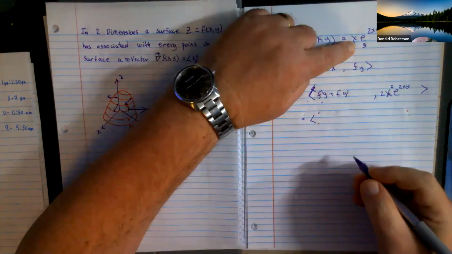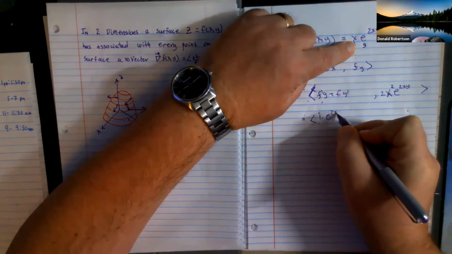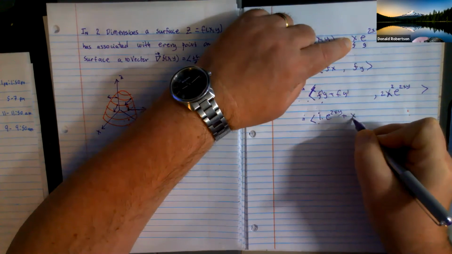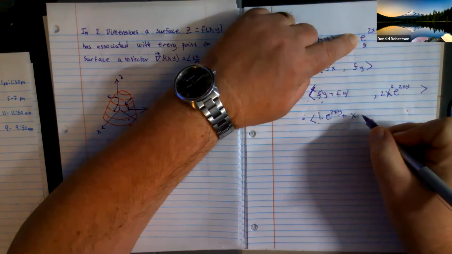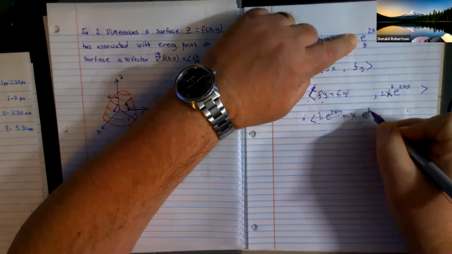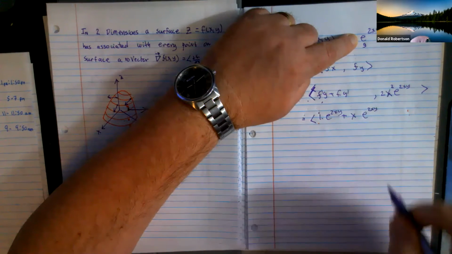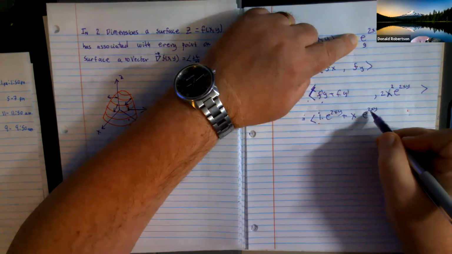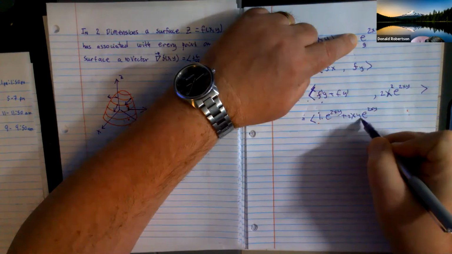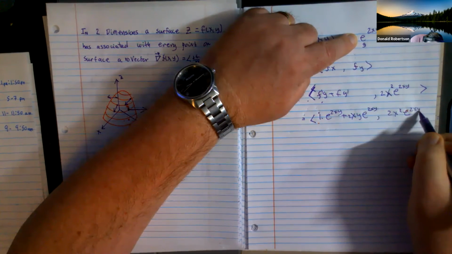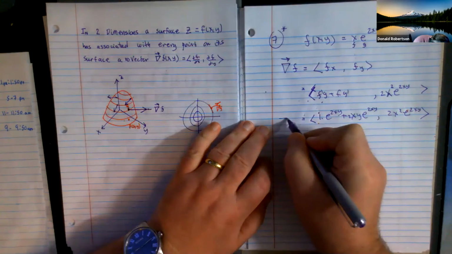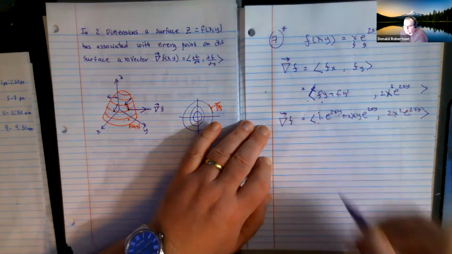You're going to get 1 times leave this guy alone, plus leave this guy alone, and differentiate this guy with respect to x, which is going to get you e to the 2xy. But with respect to x, you then get an extra times 2y. Are we happy about where that came from?